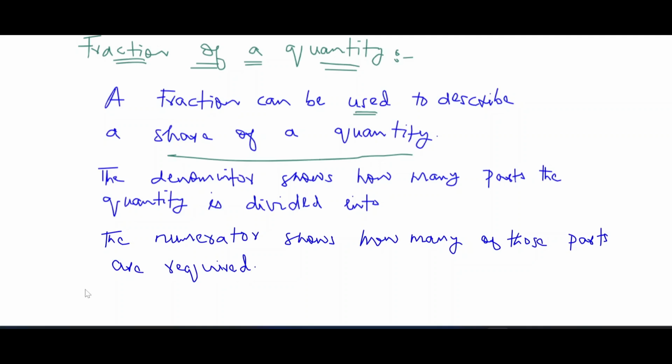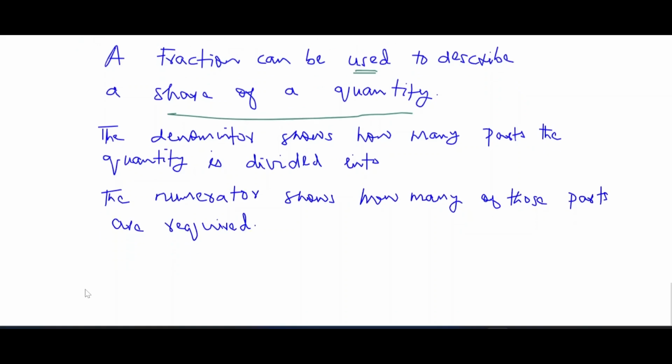Let's see, it can be easily understood from the example. We have an example, 4.2. It's a question. A. Work out 1/8 of 56.